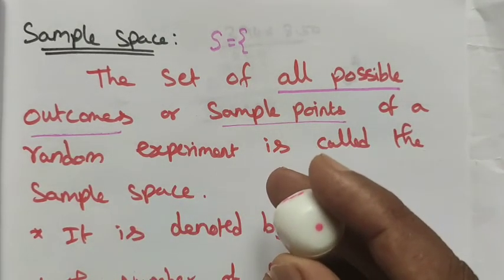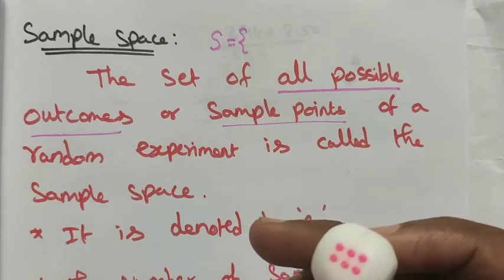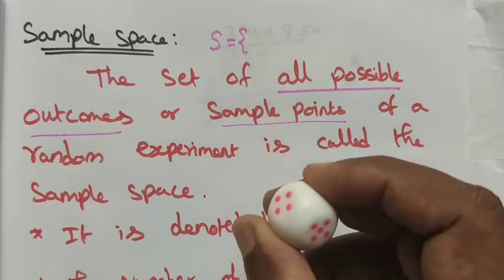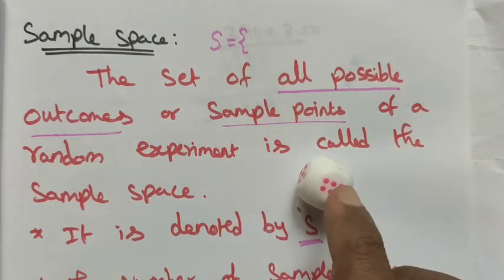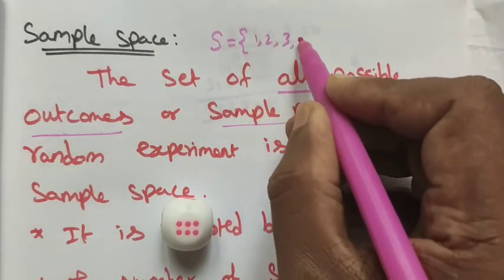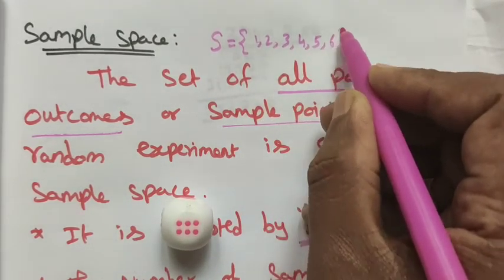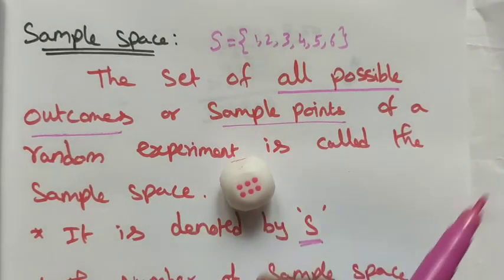We can get 1, 2, 3, 4, 5 or 6. These are all the possible outcomes. So numbers 1, 2, 3, 4, 5, 6 are the sample space for dice.